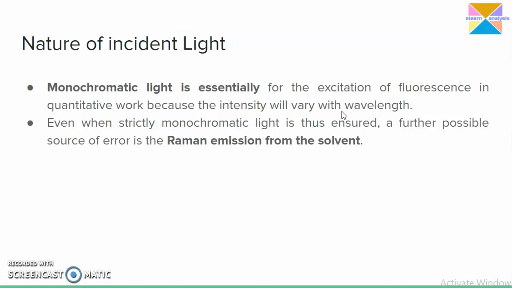So for excitation of fluorescence in quantitative work, this wavelength we need to keep fixed. We should not vary this particular wavelength. So the incident light should always be monochromatic in spectroscopic terms. Even when strictly monochromatic light is ensured, a further possible source of error is the Raman emission from the solvent, which is in some cases quite unavoidable.